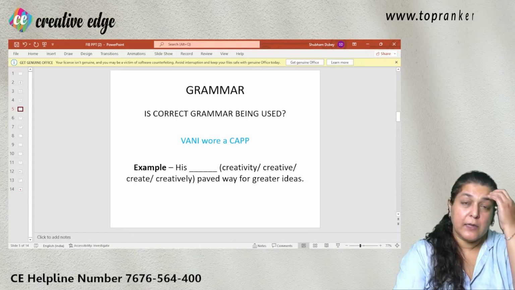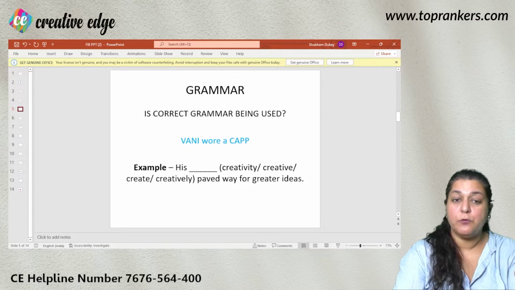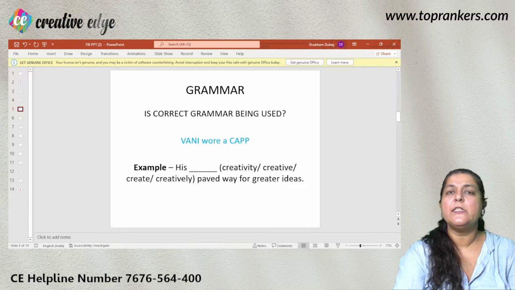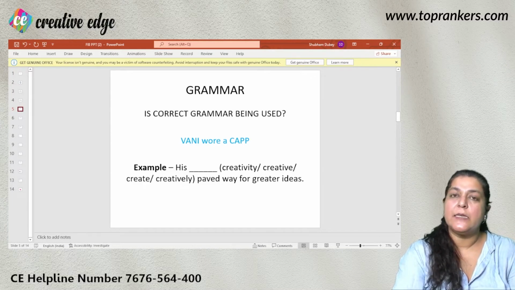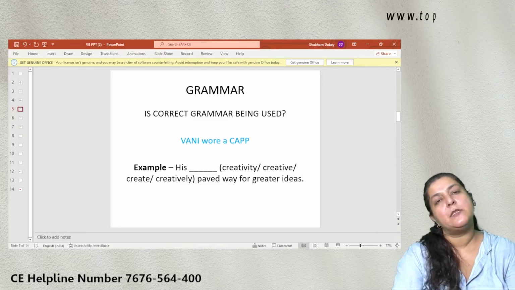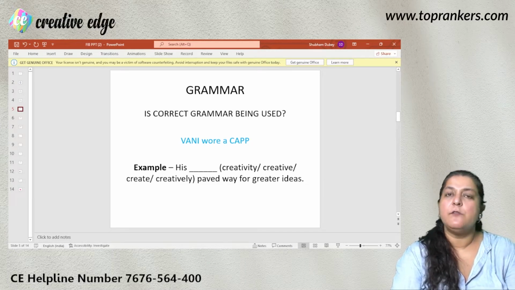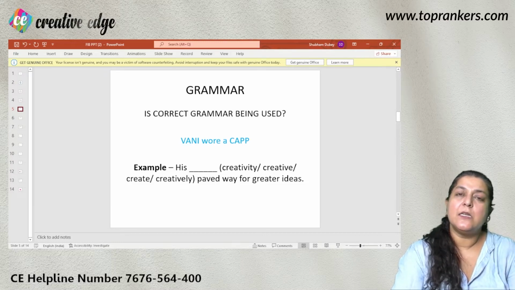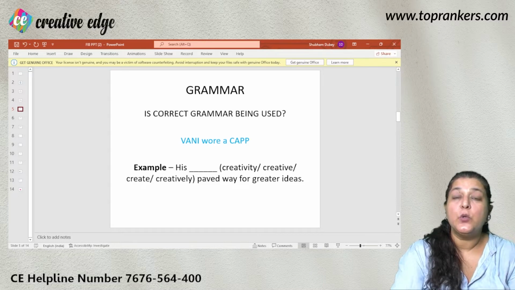Now, in the blank given below, used as an example, you can see very clearly that the word given is creative in its four forms. The first word is the noun form of creative, which is creativity. The second is the adjective form, which is creative, as in a creative person. That's how you can use it. The third is the verb form, which means to create something.